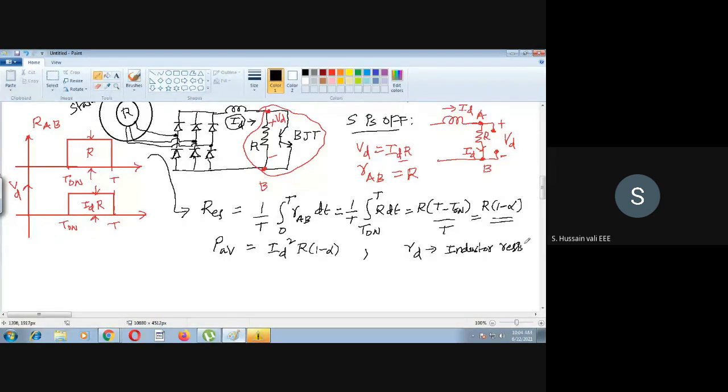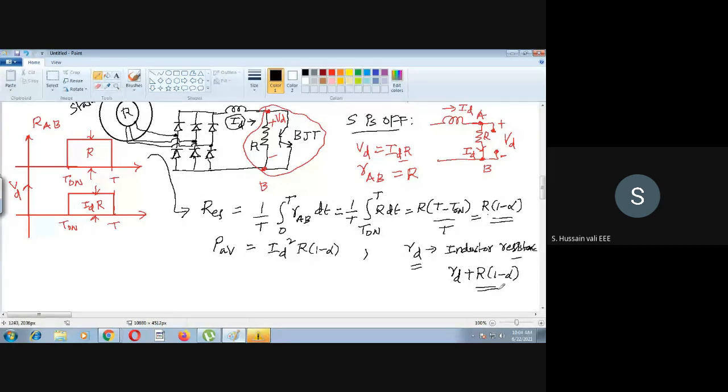I hope you know that an inductor has windings. So the windings have some resistance, that is RD. Then what is the effective resistance? Without RD, it is R into 1 minus alpha. But when you include RD, its value is RD plus R into 1 minus alpha.